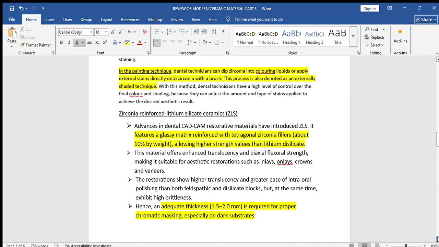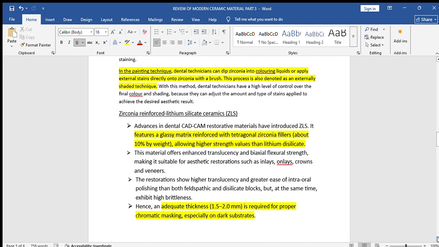You can use it for inlay, onlay, crown, or veneers in the aesthetic area due to the addition of the glassy matrix. When you add a glassy matrix with tetragonal zirconia fillers, it leads to combined properties in the form of enhanced translucency and increased flexural strength.